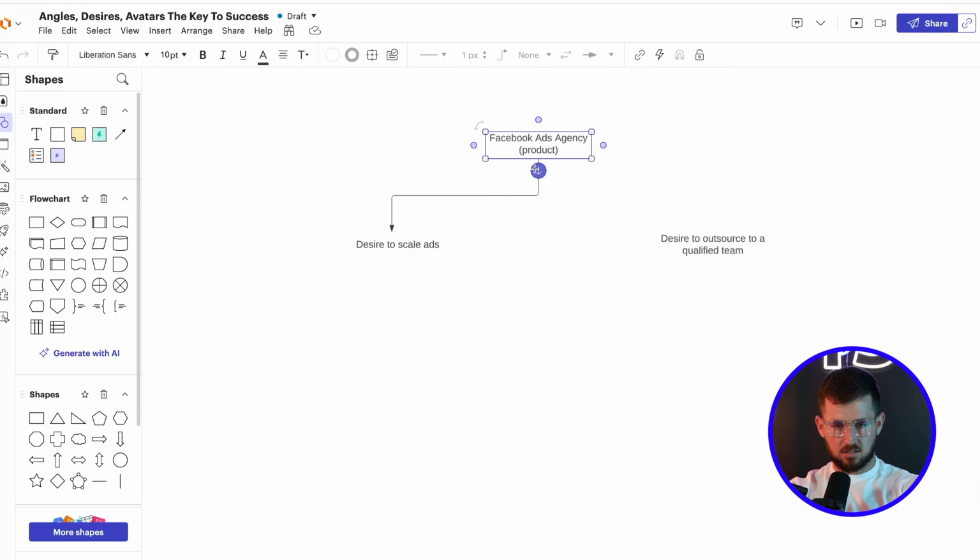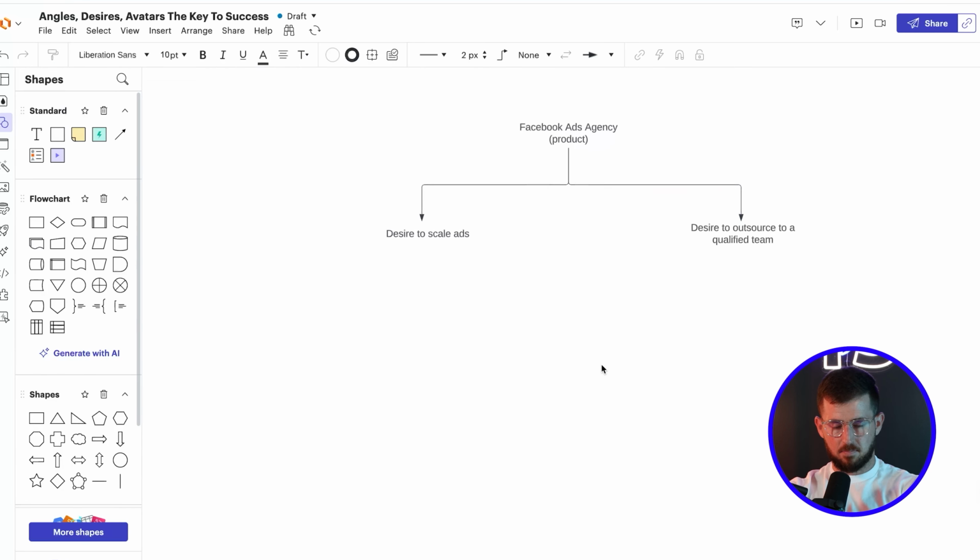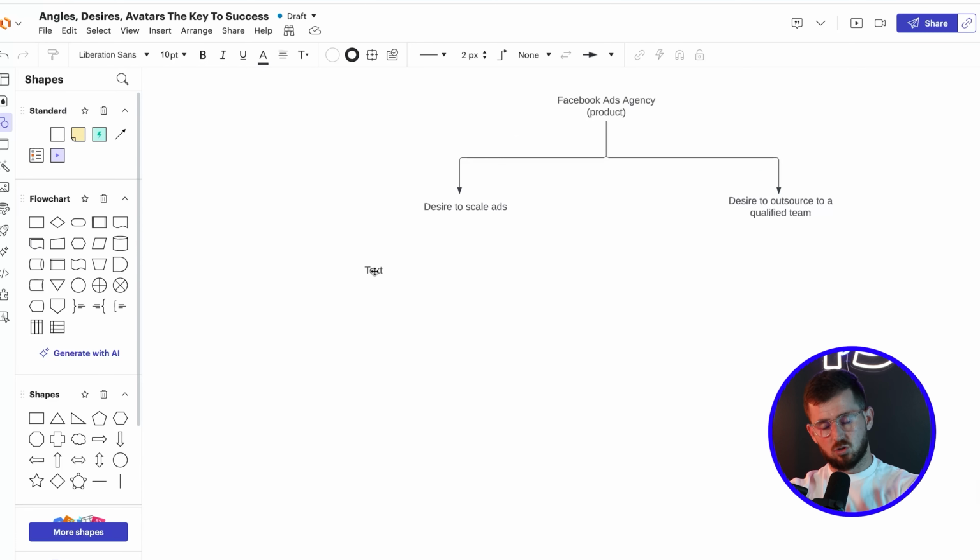So this is us. We have our two different desires. Now, the next thing we need to start looking at is who has these desires. This is your customer avatar. The first one we'll have is Shopify store owners who are stuck at 100K per month.